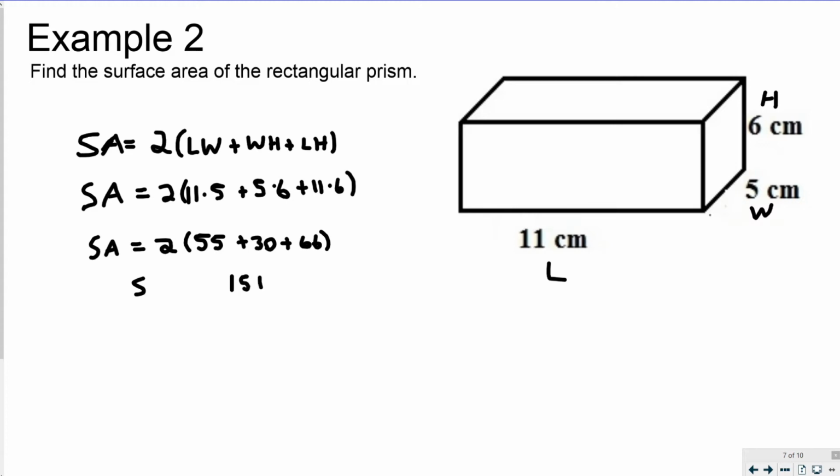So the surface area would be double that amount. 2 times 151 is 302. So the surface area here is equal to 302. And again, the unit is centimeters, so it would be 302 centimeters squared.